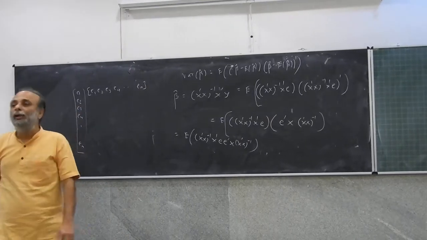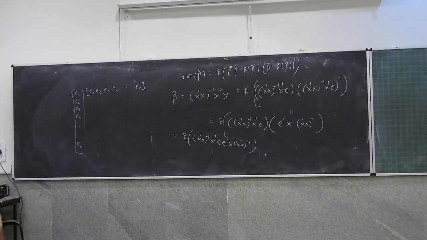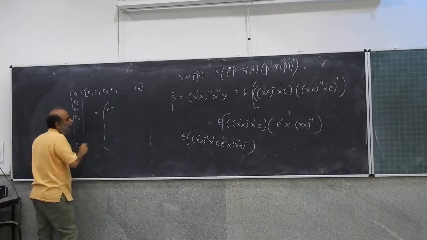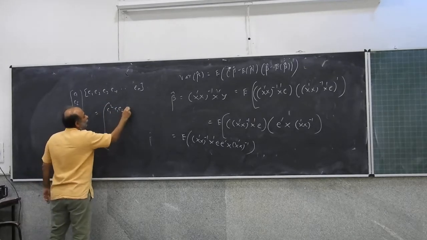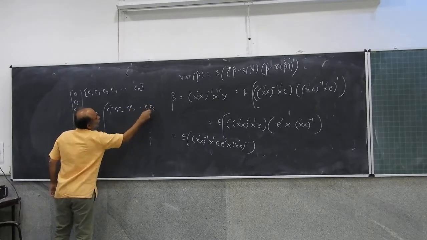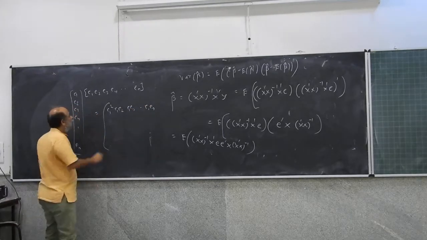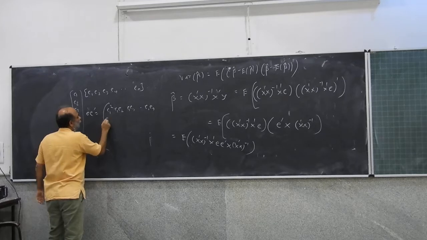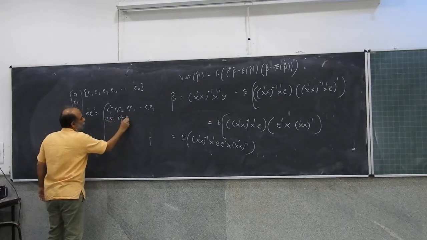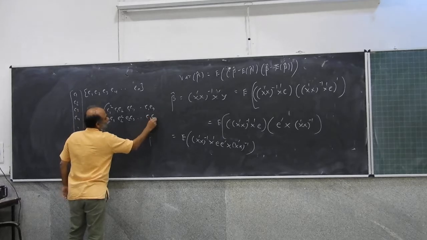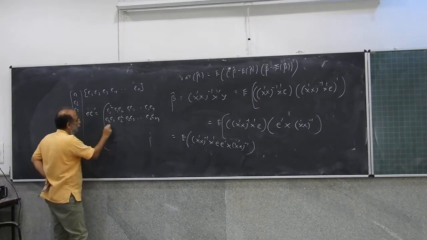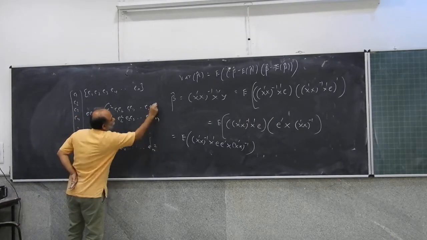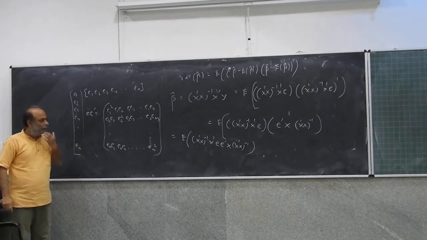So what will E into E transpose be? First row into the first column will be E1 square. Then E1 E2, E1 E3, E1 En, right? And like that.